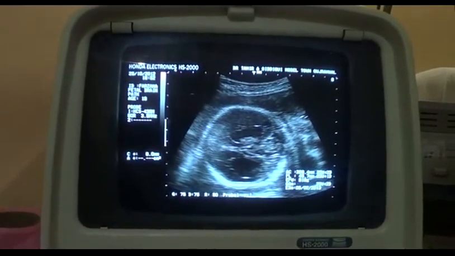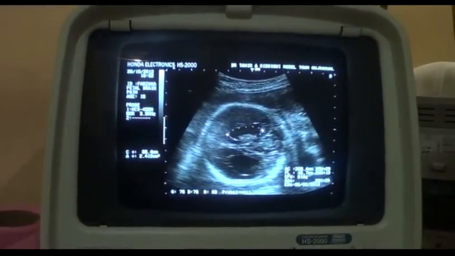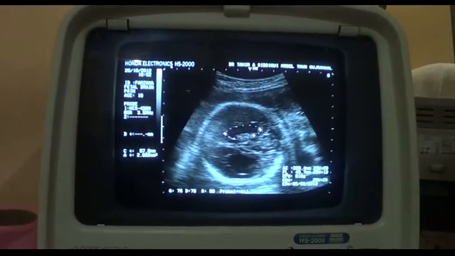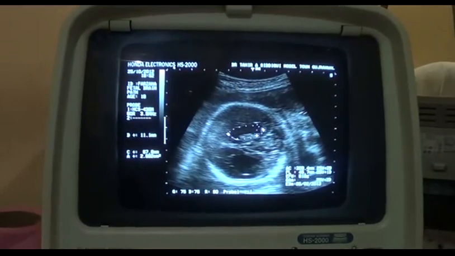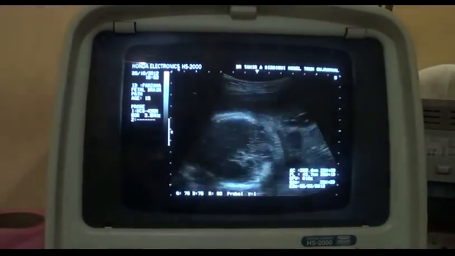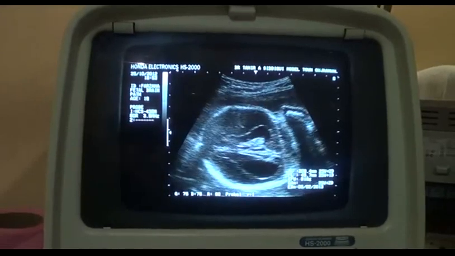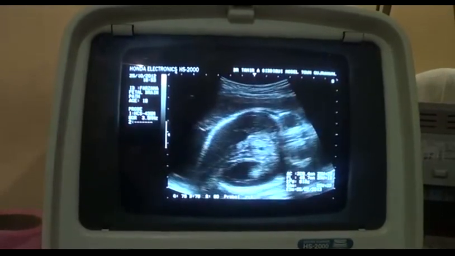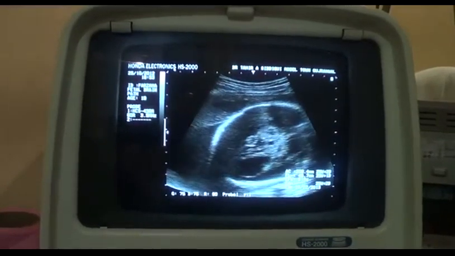Here it is. This is the choroid plexus, and it's dilated up to 11.1. Again, anything above 3 millimeters is considered to be abnormal. So there is dilation of both the lateral ventricles, with choroid plexus angled at more than 65 degrees.